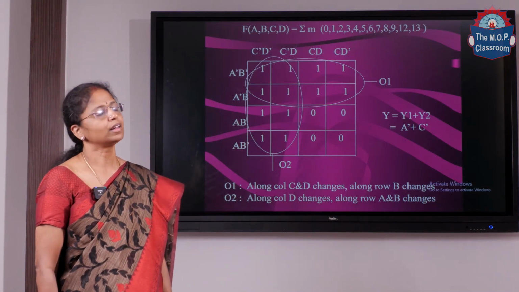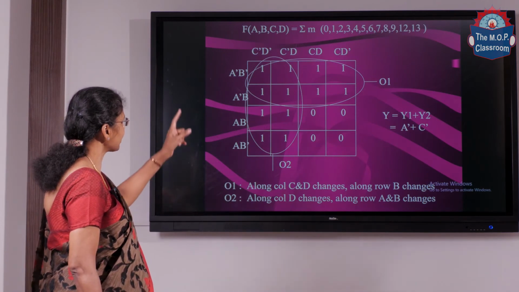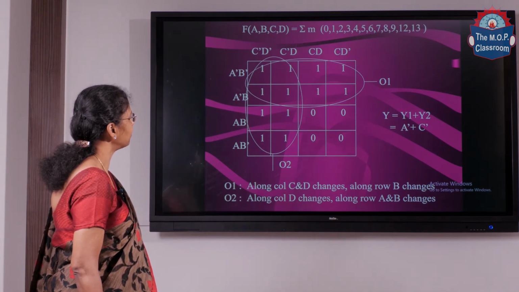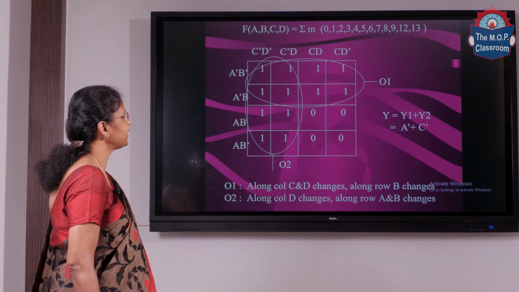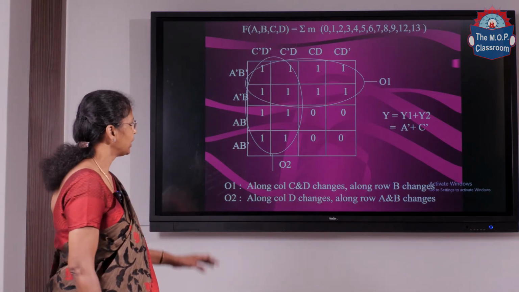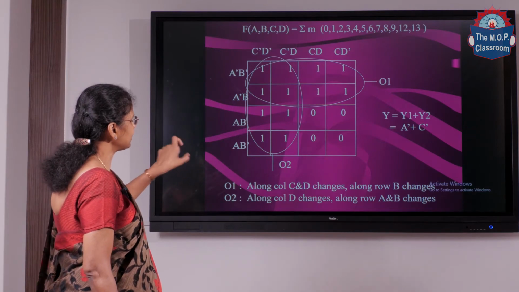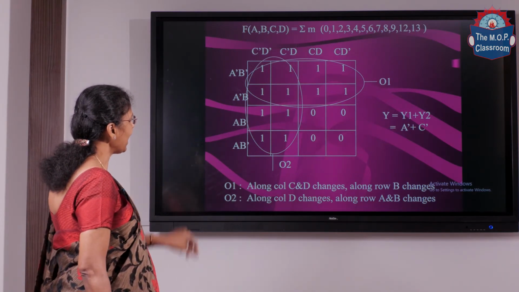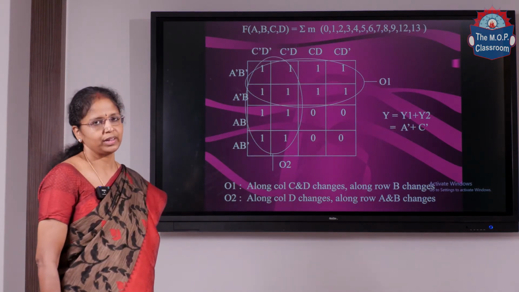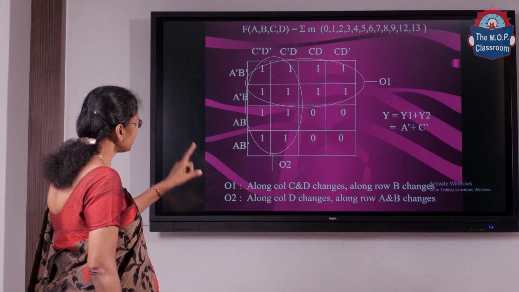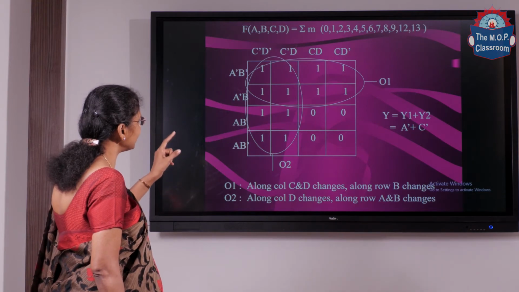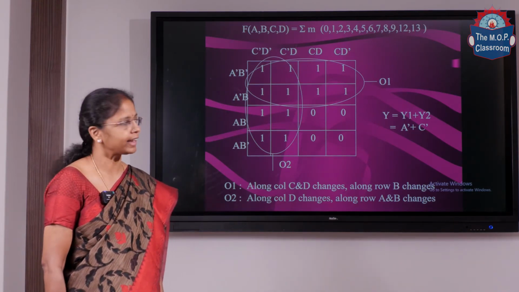Similarly, for the octet 2, let us take this example where the Boolean function is represented as sum of m 0, 1, 2, 3, 4, 5, 6, 7, 8, 9, 12, 13. If we represent this in the K-map, you will have 2 octets. We can group the ones as 2 octets. Octet 1 includes the ones in the first row and second row.